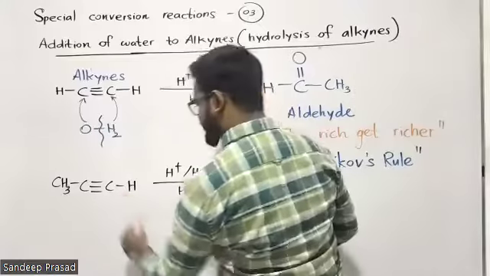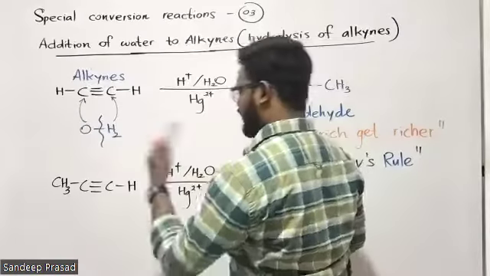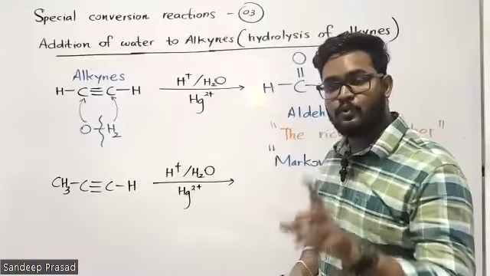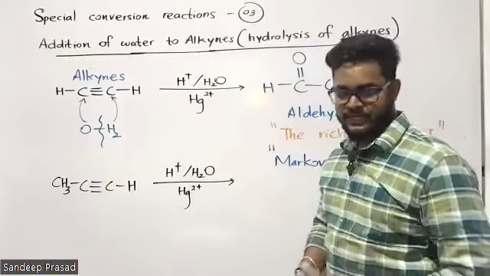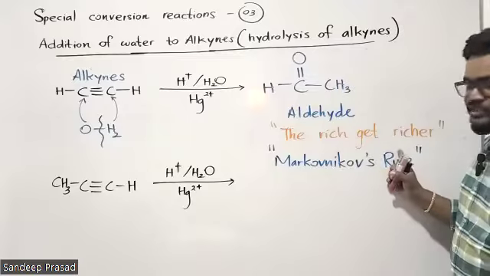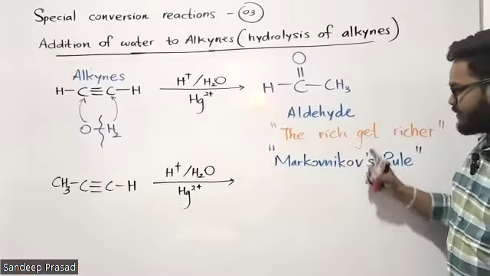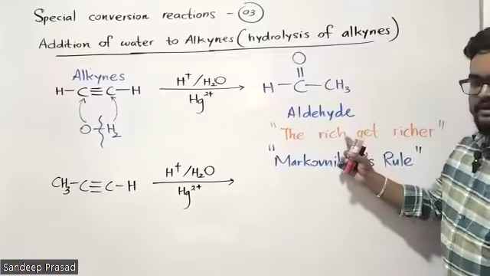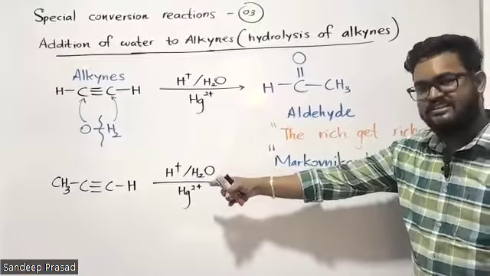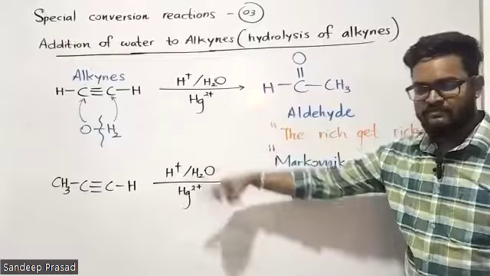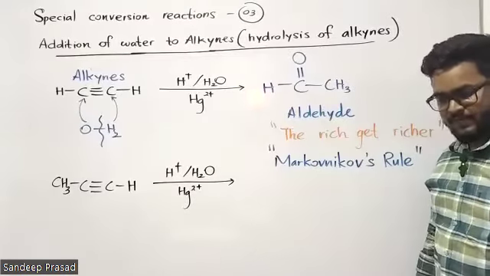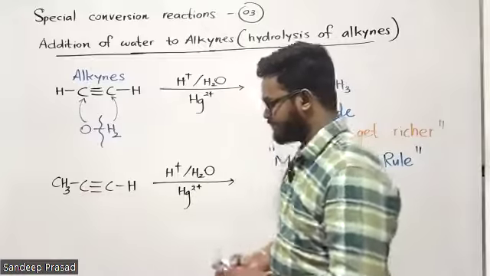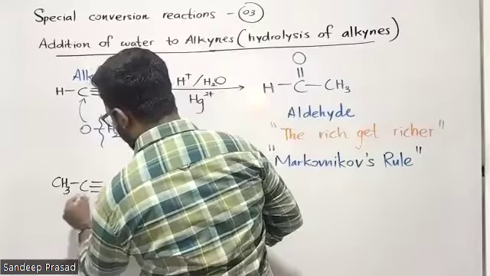Remember, when there is an asymmetrical carbon-carbon double bond or carbon-carbon triple bond, always the hydrogen should be added to the carbon atom which is rich with hydrogen. That's why I consider the rich get richer. The carbon atom already rich with hydrogen takes hydrogen when we add a compound. So when you consider carbon number 1 and number 2, tell me who is rich with hydrogen?